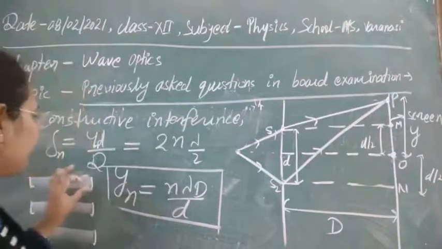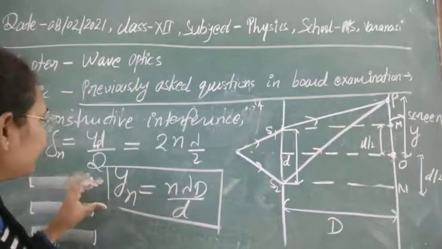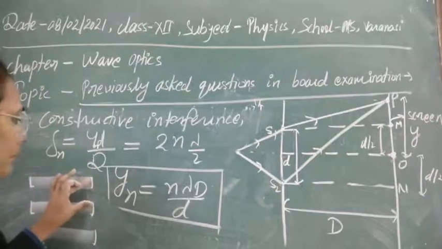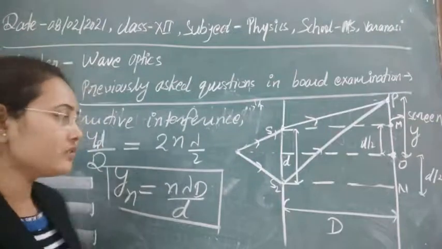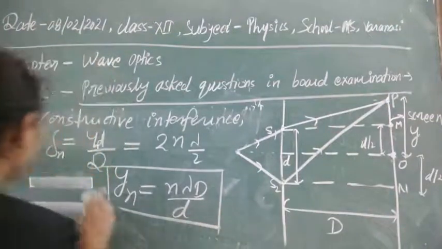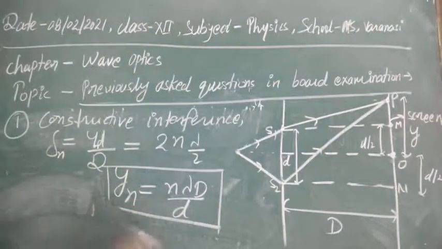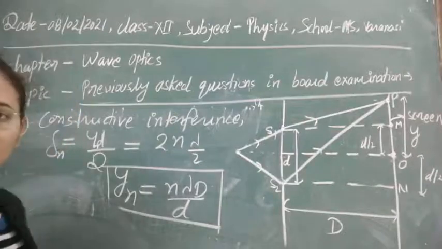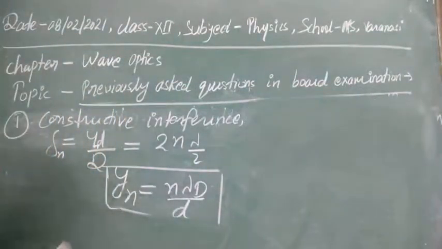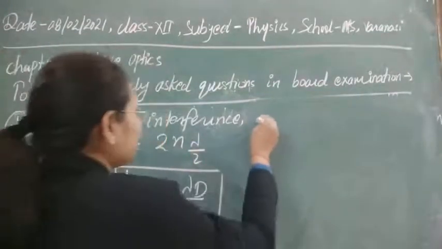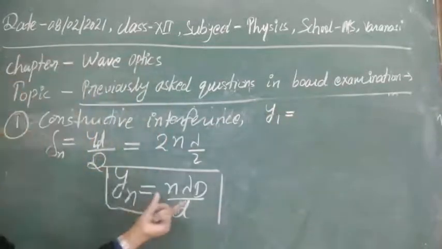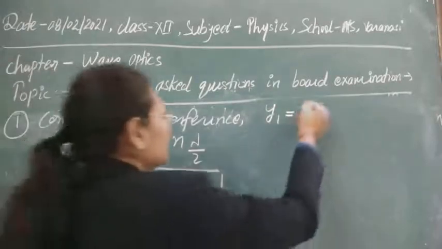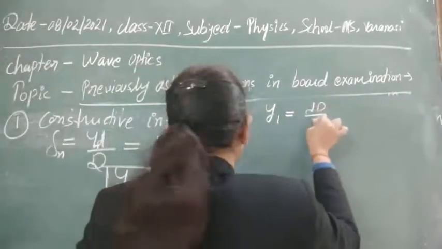This fringe width can be calculated easily by the difference between any two bright fringes. So let's find the fringe width. The first order fringe that we get here is at y1, so y1 will be equal to lambda D by d.